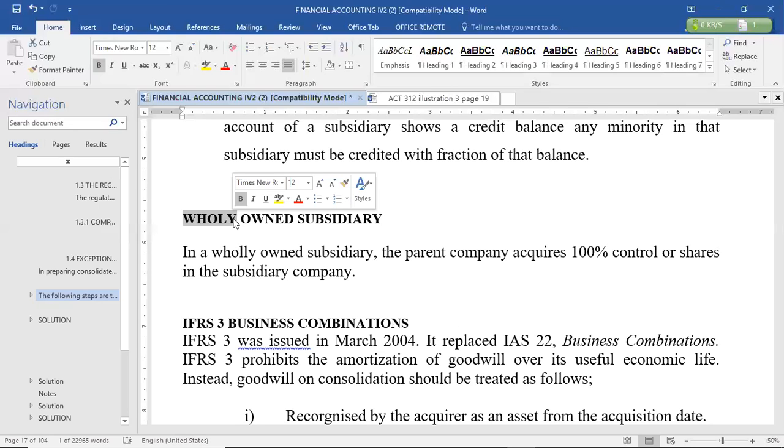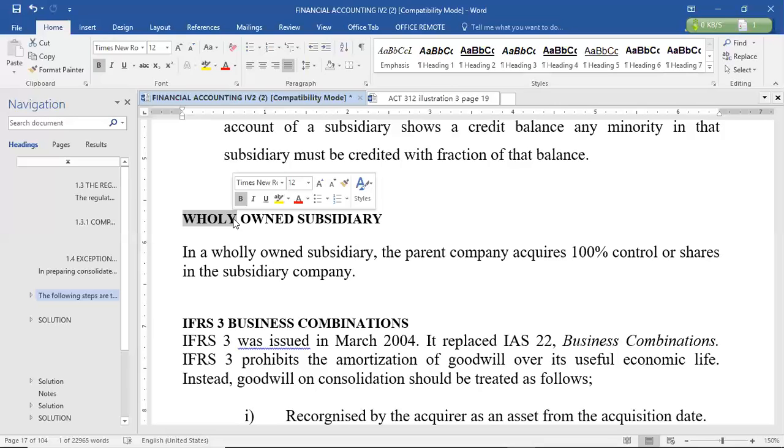In this case, this is what is called a partially owned subsidiary. And in this scenario, you have the parent, you have the subsidiary, and you have the minority, those who own the minority side. But in the first scenario, you only have the parent and the subsidiary. In the second scenario, you have the parent, the subsidiary, and the minority.